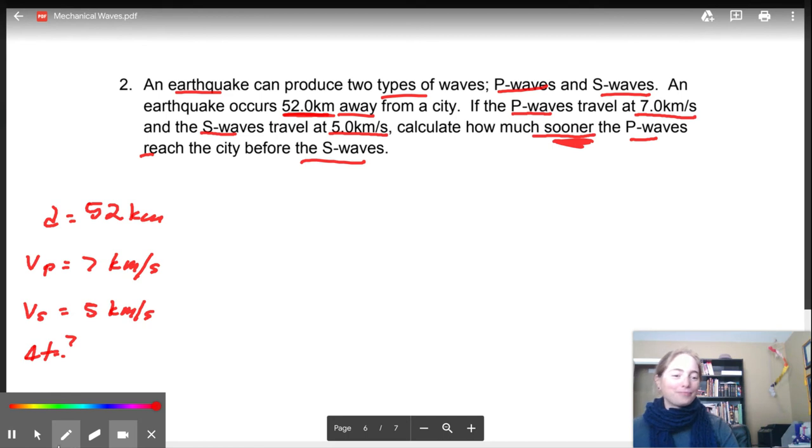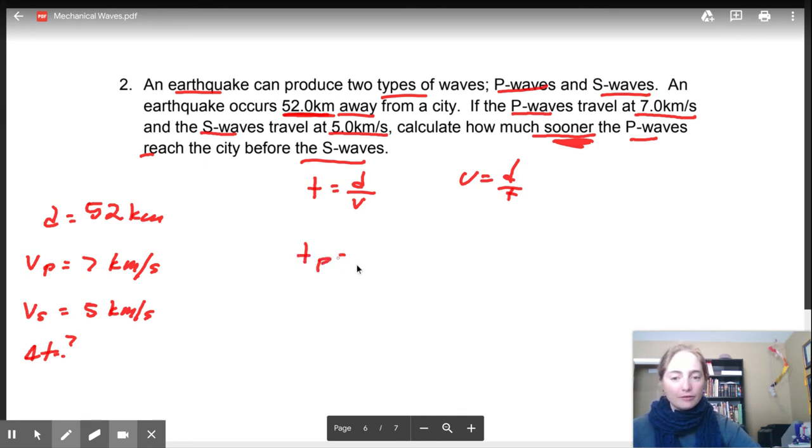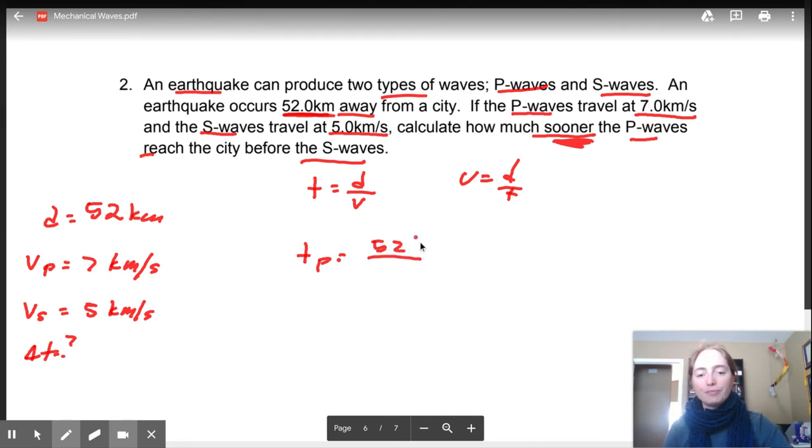Okay? So I'm trying to find time, and so V equals D over T. I need to rearrange this. I swap the place of D and T, or D and V, excuse me. So my equation is T equals D over V. So the time it will take the P wave to travel the 52 kilometers, speed is 7 kilometers per second.